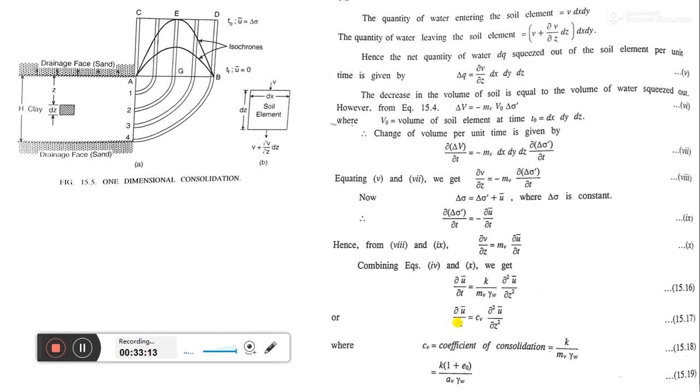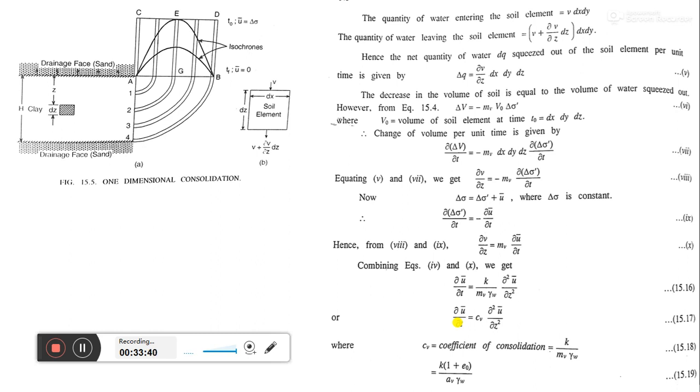The term coefficient of consolidation CV used in the equation is adopted to indicate the combined effects of permeability and compressibility of soil on the rate of volume change. The units of CV are centimeter square per second.